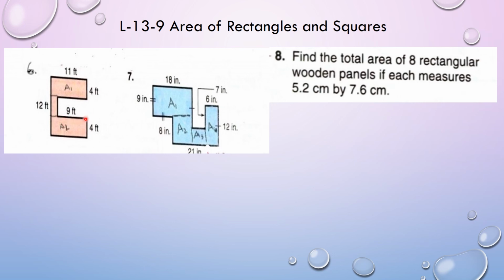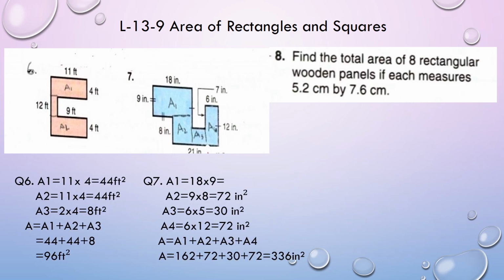This one is 4 and this one is 4, and all together is 12. Then the remaining part is your 4, and in this one you can see this all together is 11. You can see here to here, and this part is your 9. Then you can see how to calculate this one.